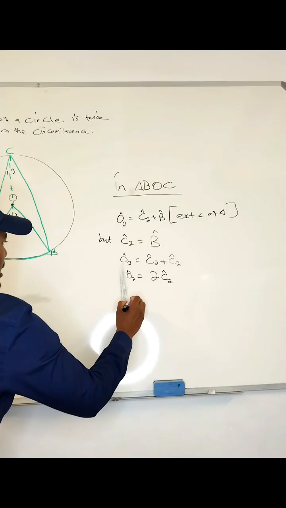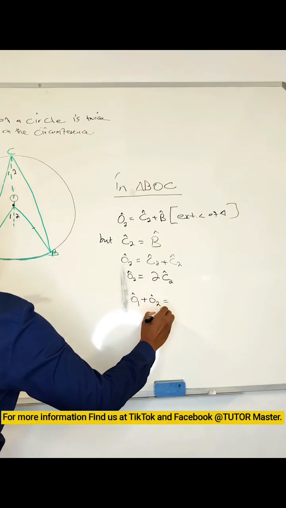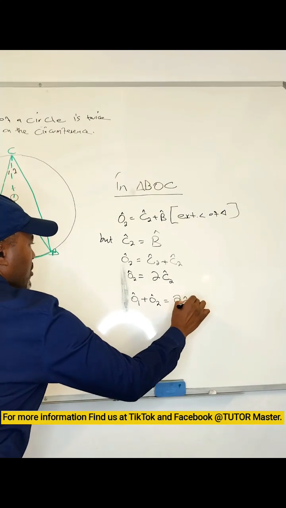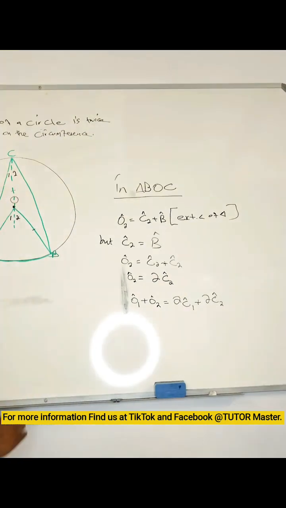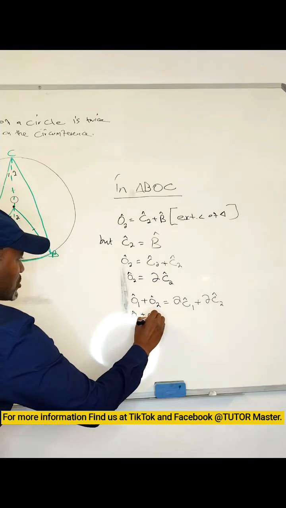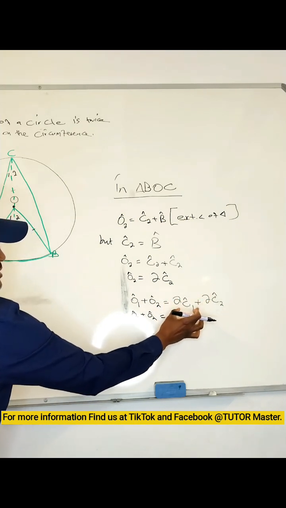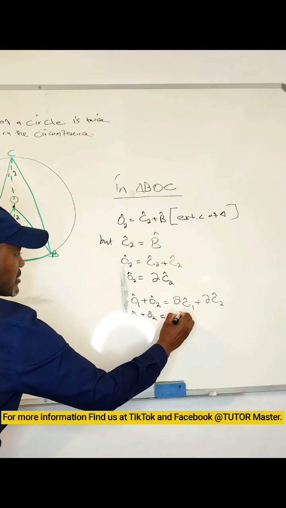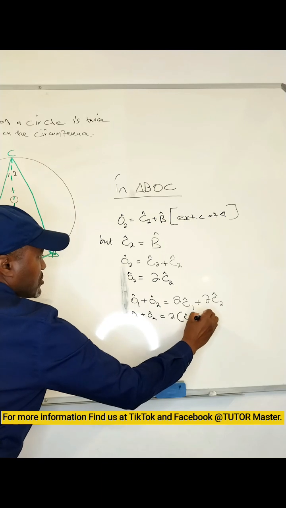So we can add the two here. O1 equals 2C1, O2 equals 2C2. So we can say O1 plus O2 is equal to 2C1 plus 2C2. Right? So now O1 plus O2 is equal to, let's take out a common factor here, which is 2. Then we'll remain with C1 plus C2.